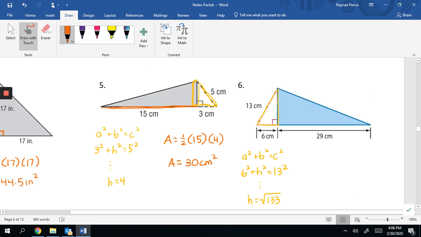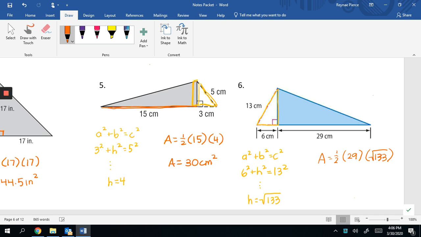All right. So area, we're going to take 1/2 times the base of the blue triangle is 29 times the height that we found was the square root of 133. Okay.